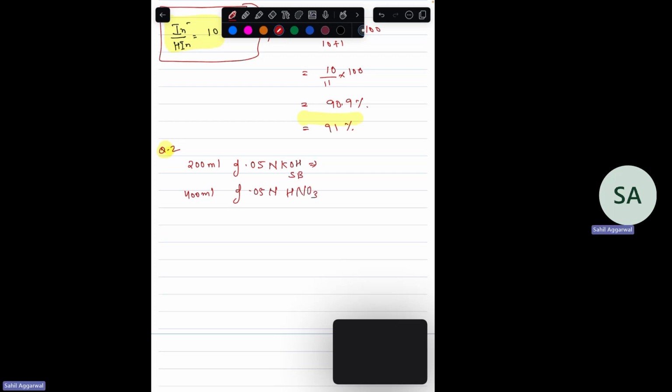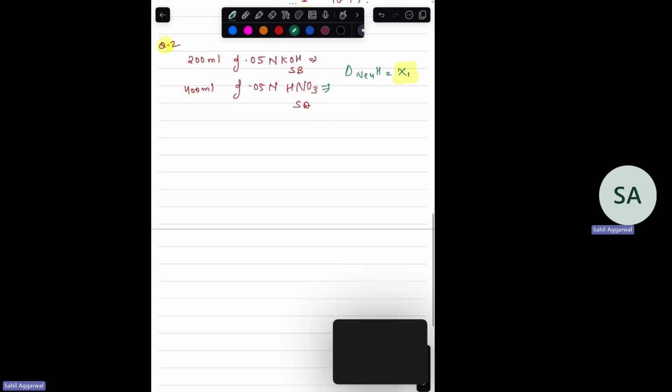This is strong base, this is strong acid. When they are reacted, the heat released, which is the enthalpy of neutralization, that is X1. X1 amount of heat releases.